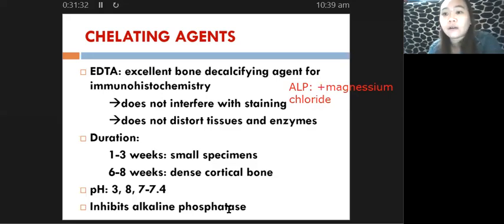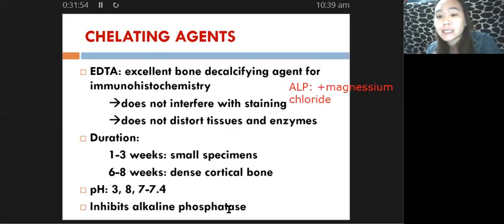So never, ever, ever utilize a solution with a pH of 3. At pH 8, on the other hand, it provides optimum binding of your EDTA to your cations or to your calcium ions.